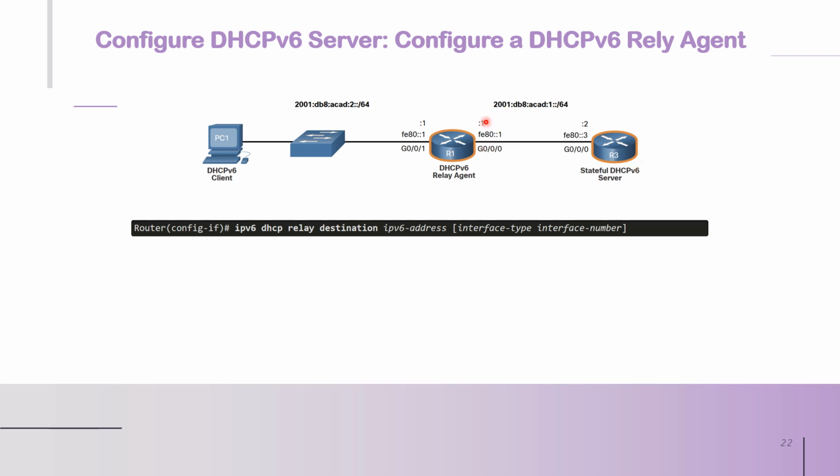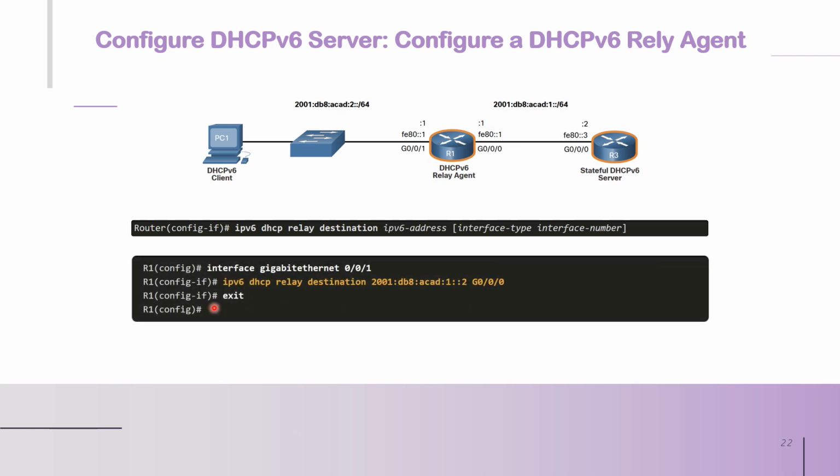In this example, we go to router 1, to the interface GigabitEthernet 0/0/1, and then use the ipv6 dhcp relay destination command followed by the address and the interface that goes to this router.